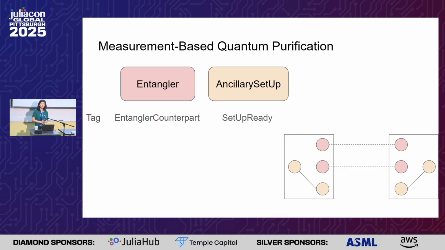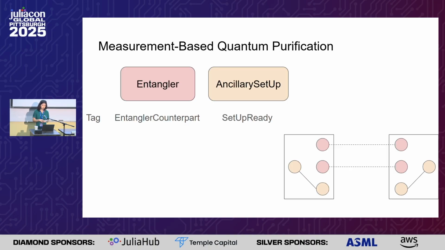So let's go over this in terms of submodules, which are small components of the protocol, and also tags. First we run entangler, which establishes the initial low fidelity entanglements between the red nodes over there.